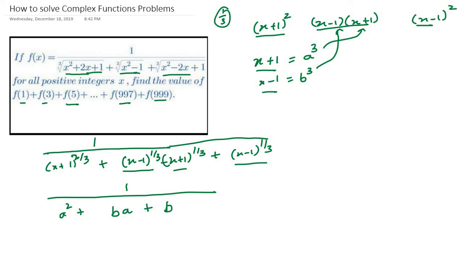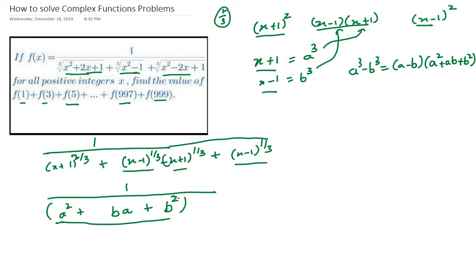Now if we think of this term, a square plus ab plus b square, are you able to remember something? Do we see this factor somewhere? Yes, a cube minus b cube is given by a minus b into a square plus ab plus b square, right?